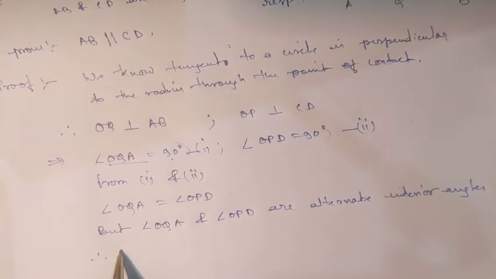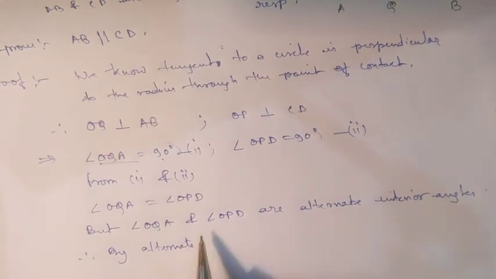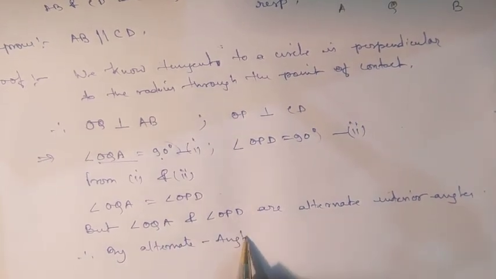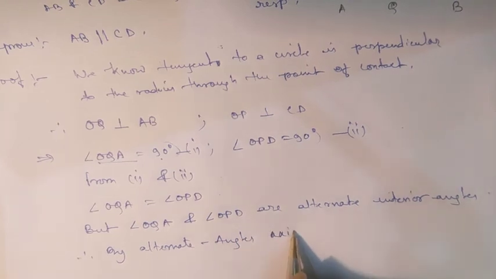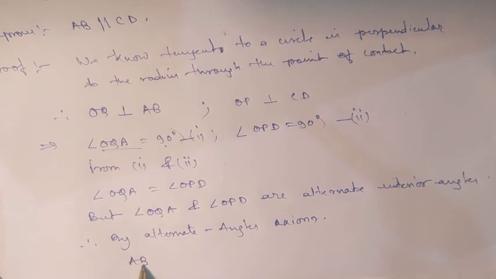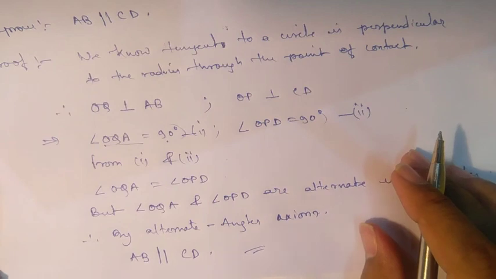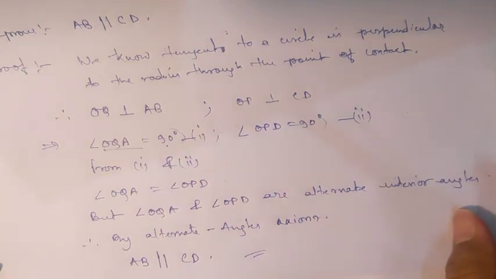Therefore, by the alternate angles axiom, we can say that AB is parallel to CD. This we needed to prove. Okay. Thank you.